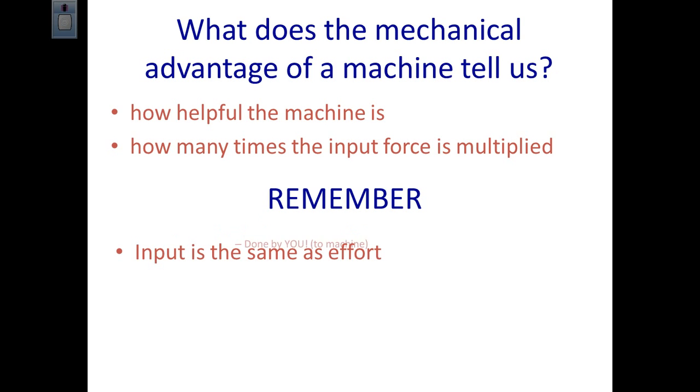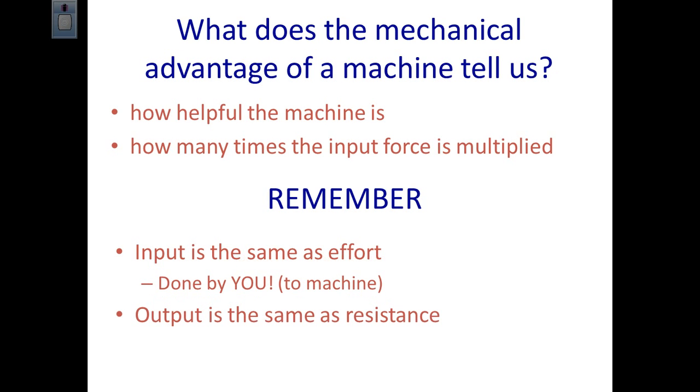The input is the same as the effort. You are doing the input force, or you would be calculating possibly input distance, and this is all done by the person using the machine. The output is the same as the word resistance, and this is what the machine does to the object. So you are the input, the machine is the output.